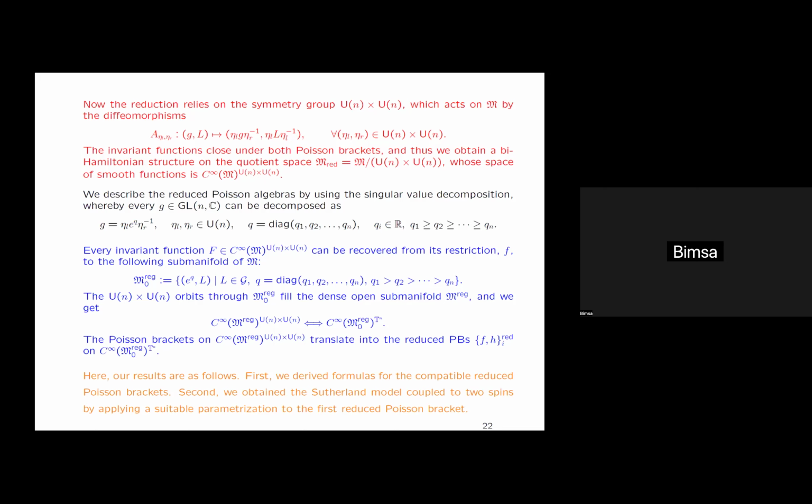You write these GL(N,C) matrices as unitary, positive diagonal, and unitary, and you can write every element like that. There is some ambiguity by the action of the maximal torus of U(N), and you can also order these eigenvalues.